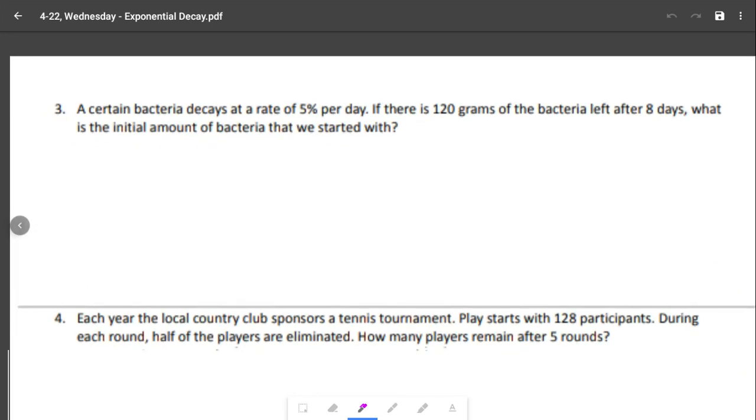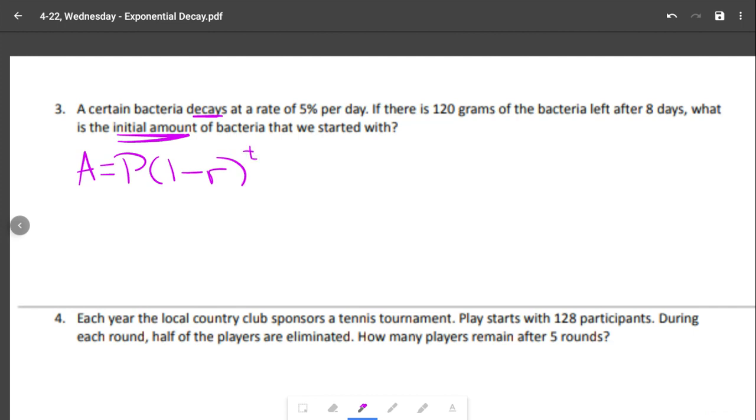Question 3. A certain bacteria decays at a rate of 5% per day. If there are 120 grams of the bacteria left after 8 days, what is the initial amount of bacteria that we started with? So we have our decay formula. P is the initial amount.